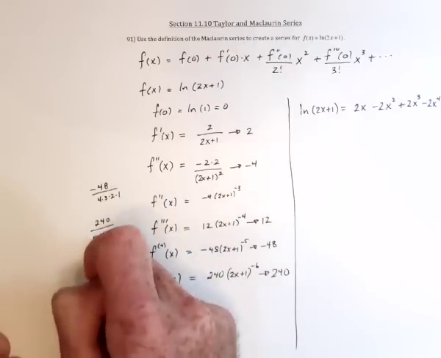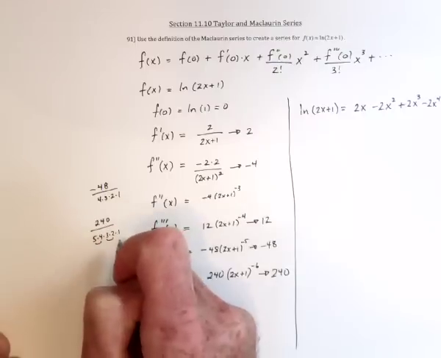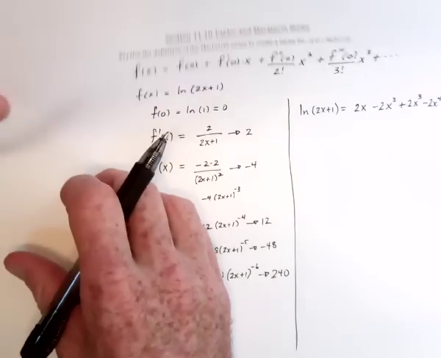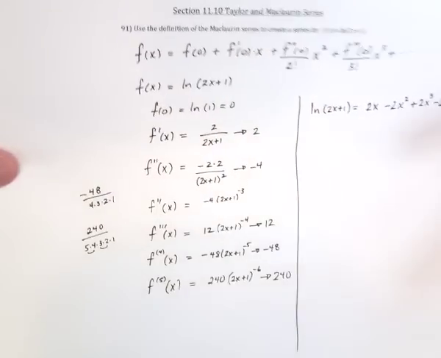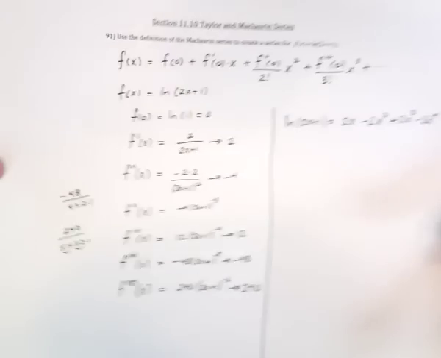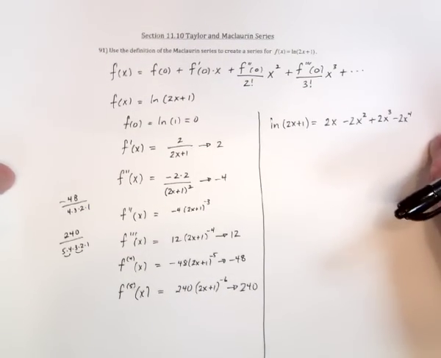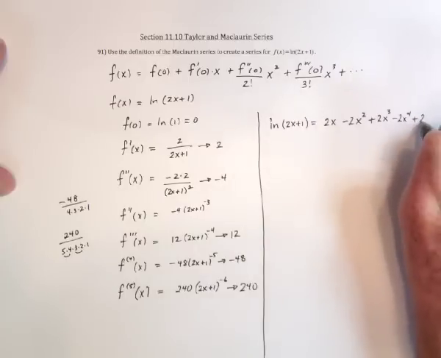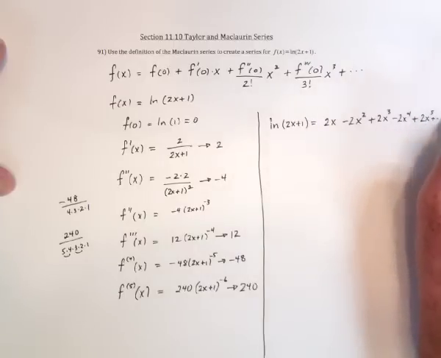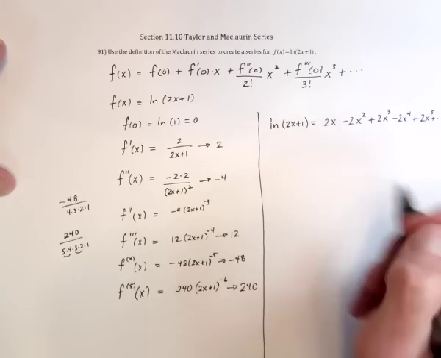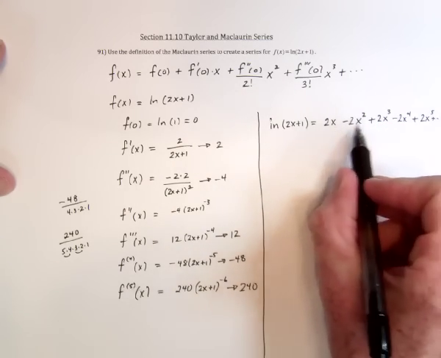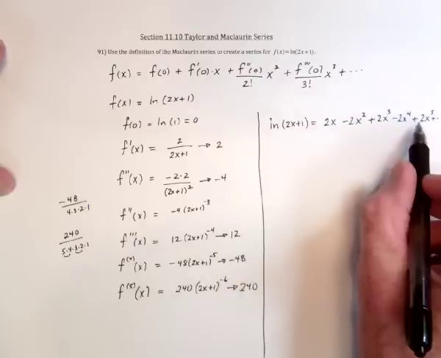So that's a 20 times a 6 is 120, so it's a 2 again. I need to move this over just a bit. So then it's plus 2x to the 5th, and then it goes forever. So it seems that the answer is that it's just an alternating 2, and then you have x to different powers.